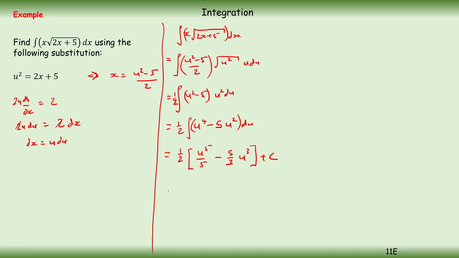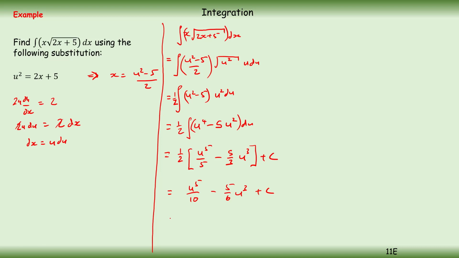So we've got u to the power of 5 over 10 minus 5 over 6 u cubed plus the constant term. We can sub for u, which is the square root of 2x plus 5.